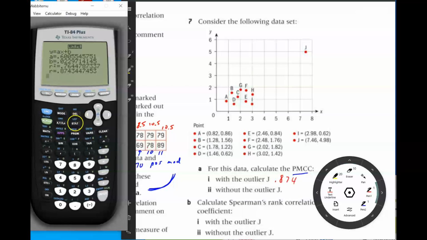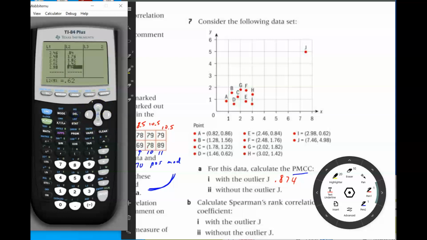And then without J, all we need to do is remove the last point here. I'm just going to remove the X point and the Y point for J, which is this last one. So clear, clear, or maybe delete. Sorry, it's delete, not clear.